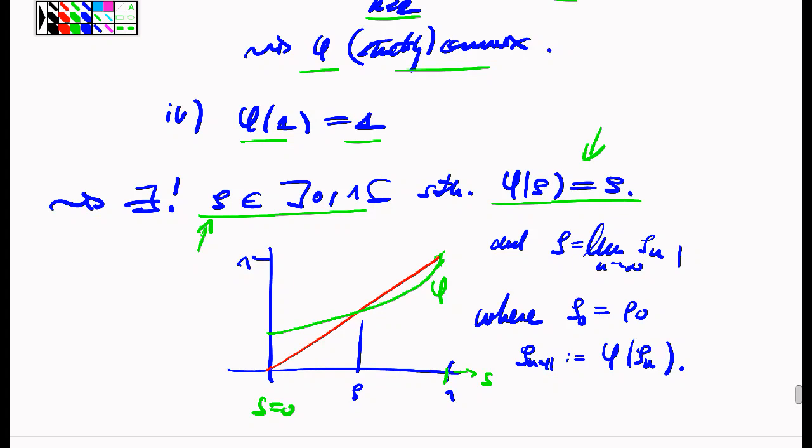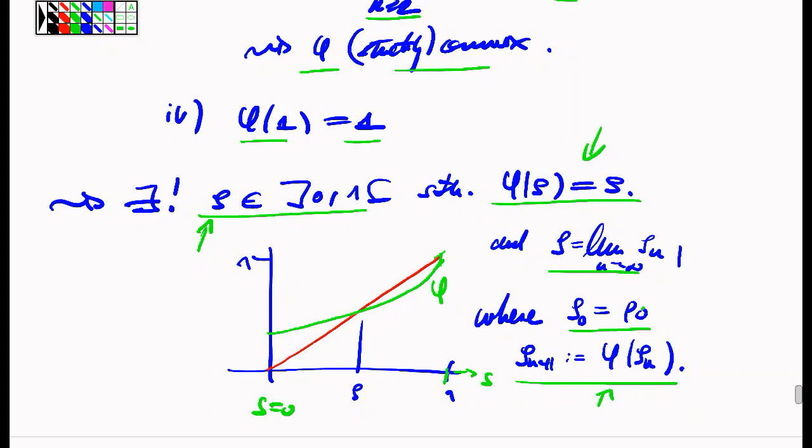And this is also a stable fixed point, which means that when you start an iteration which is constructed by using the function phi, an iteration on the unit interval, and you start, for instance, from a p naught in the strict interior, then this iteration produces a limit which coincides with this fixed point rho.